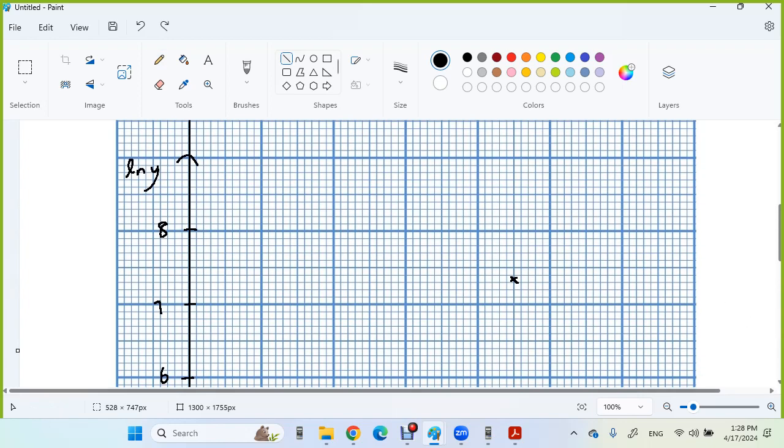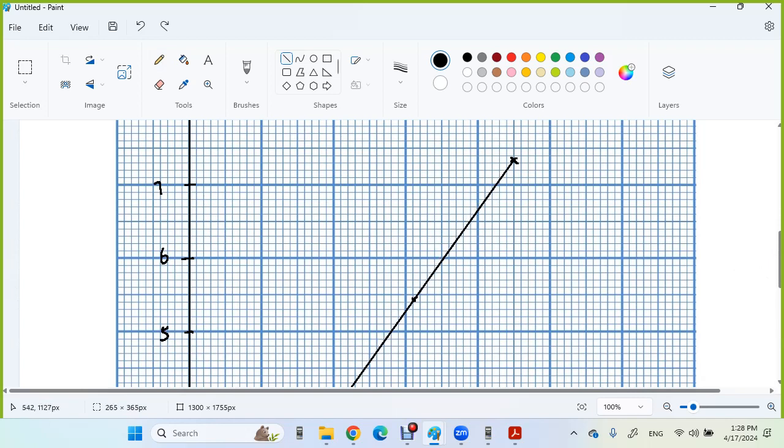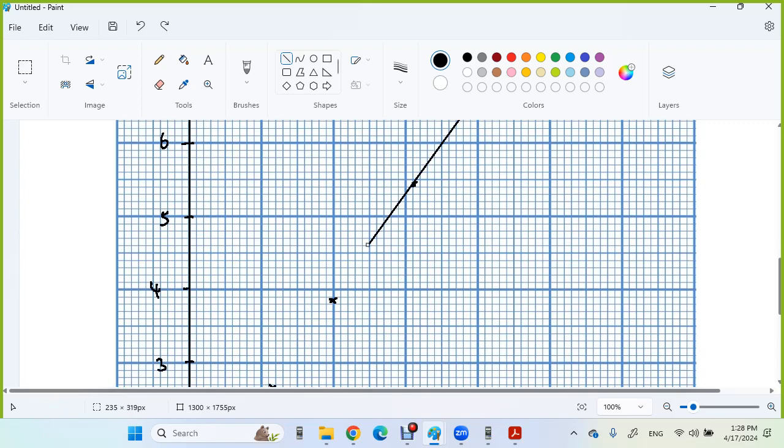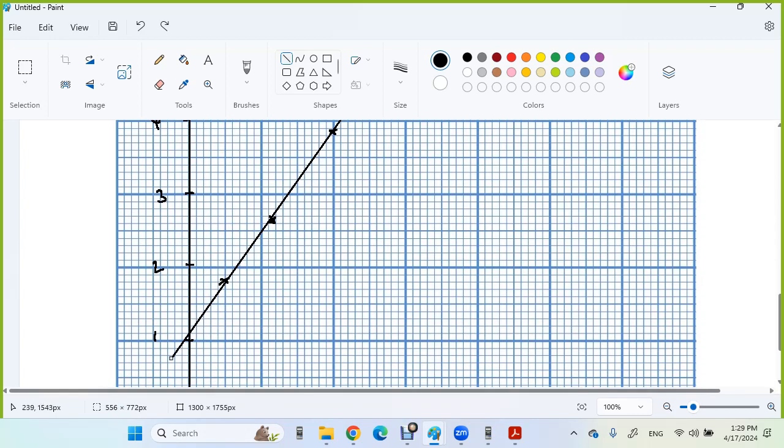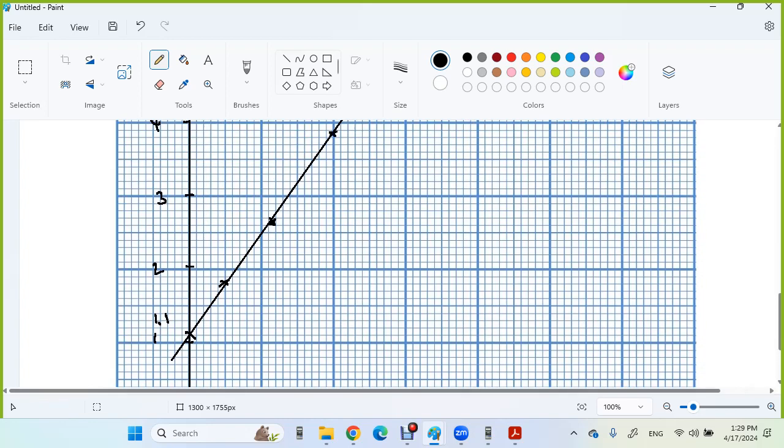I try to draw again. It should be something like this. And then we have 1.1 there.